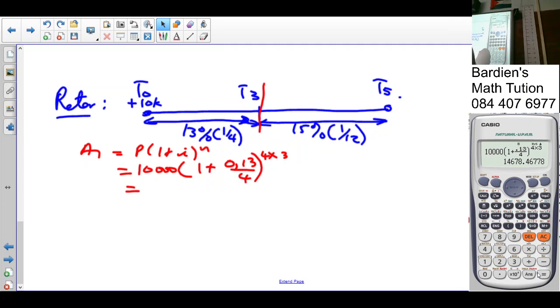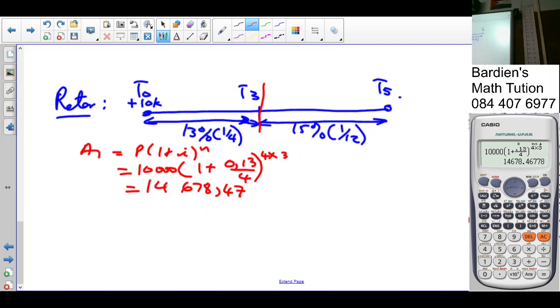How many is that for? 3. That gives us 14,678 Rand 47 cents. But that's the principal there now, not so?